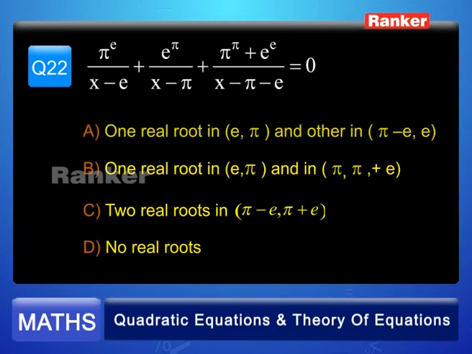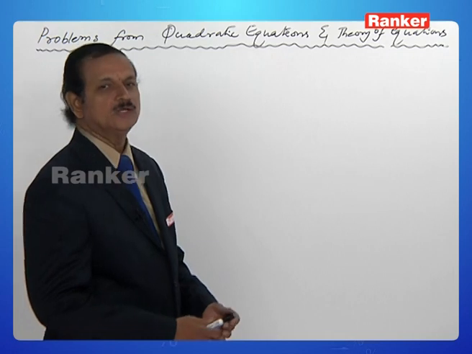In the first option, there is one real root in the open interval e to pi and the other root is in pi minus e to e open interval. Second option, one real root is in open interval e to pi and the other root is in pi to pi plus e. Option C, two real roots in pi minus e to pi plus e. And the fourth option is there are no real roots at all. Let us see what happens.